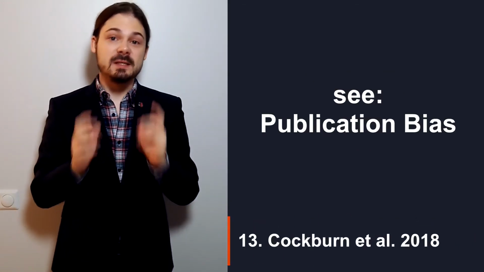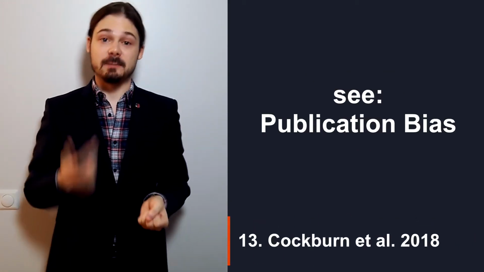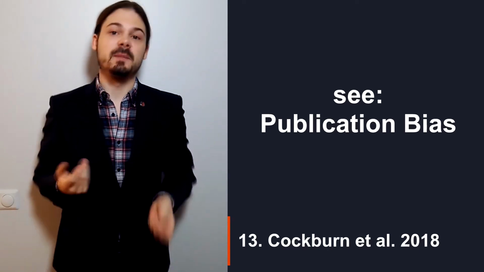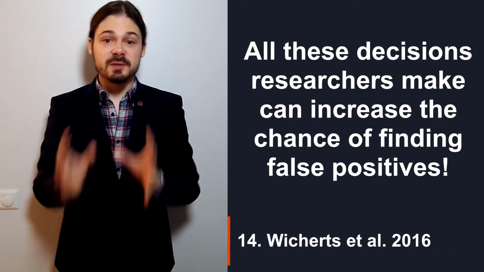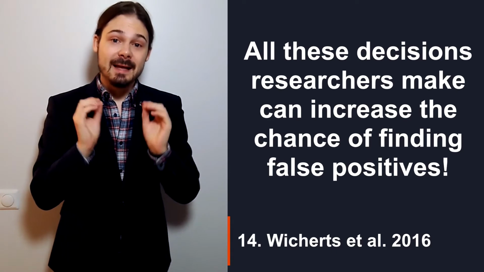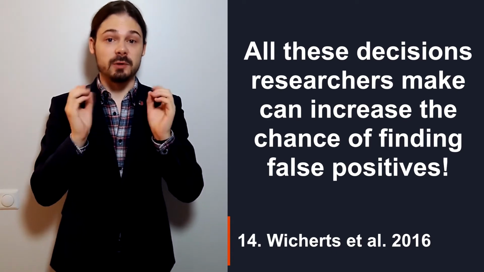As usually only successful, read significant, studies get published, performing QRPs is often beneficial for researchers. Though, as a matter of fact, when people perform them, they usually do so without knowing that what they are doing is wrong. All this is to say that we are in a situation where the decisions researchers make during the analysis impact the probability of them reporting false positive results.